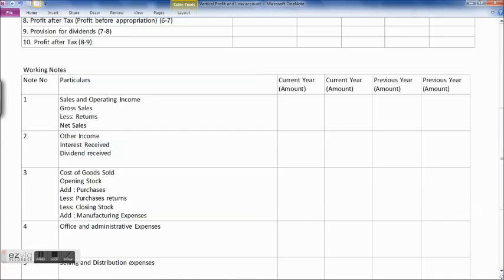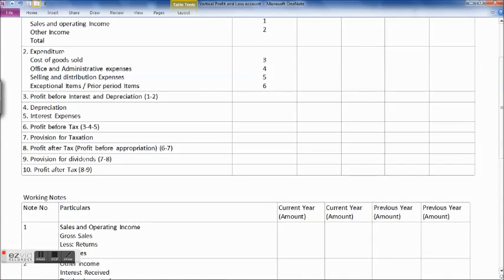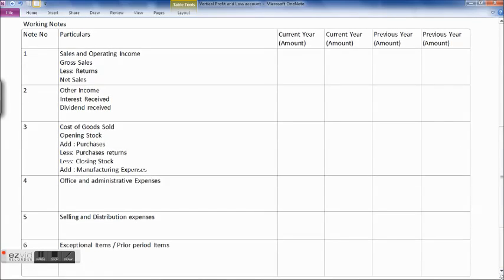Next, working note number 3 is cost of goods sold. So what is cost of goods sold? Your opening stock, then you add your purchases, then reduce your purchase return, less closing stock, and then add whatever manufacturing expenses you have. Manufacturing expenses include all your expenses incurred inside the factory.